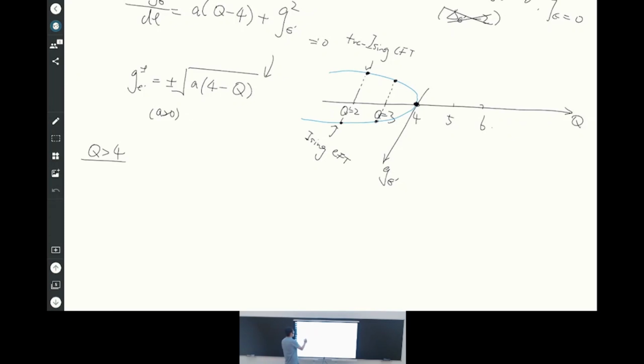That is, you do not have the real fixed point, but instead you have two fixed points living in the complex parameter space, like this.